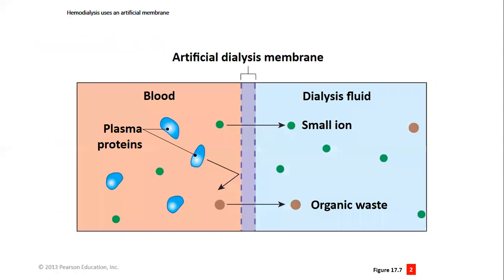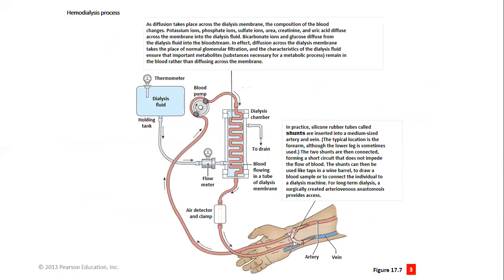And here's an idea of what the hemodialysis process looks like. It's really, really taxing on the individual, it can really wear you out, and it can be quite a long process, hours, and can really knock you out for a day or more. It can be really, really exhausting.